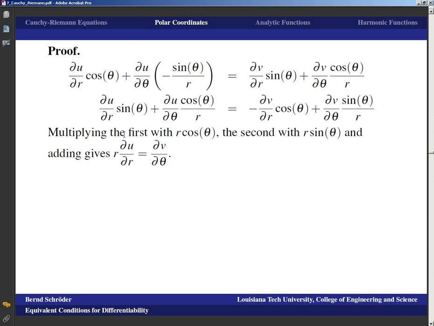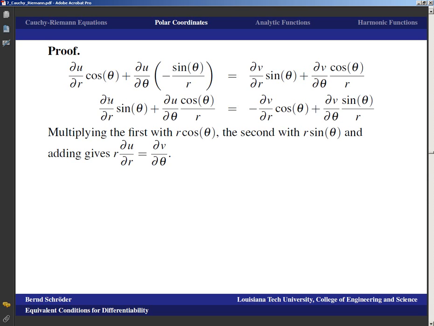And now, if we take the first one and multiply it with r cosine theta, and if we take the second one and multiply it with r sine theta, well, let's see. If I multiply this with r cosine theta, I get r cosine squared theta du/dr. I multiply this one with r sine theta, and I get r du/dr sine squared theta.